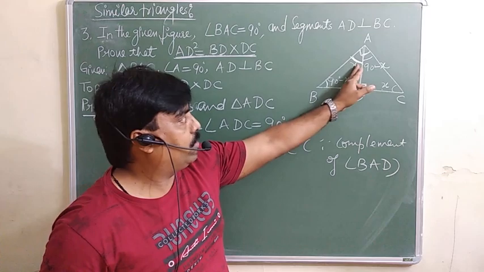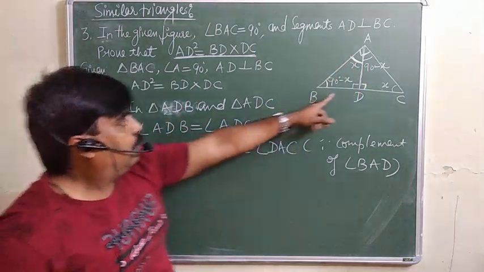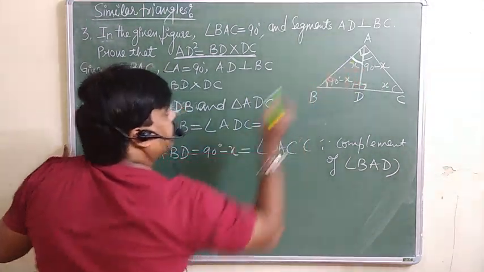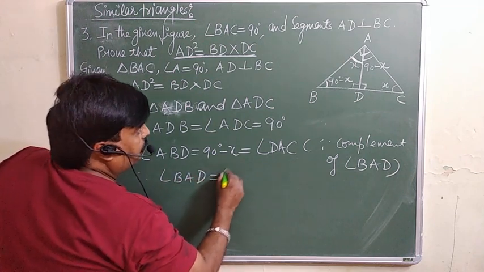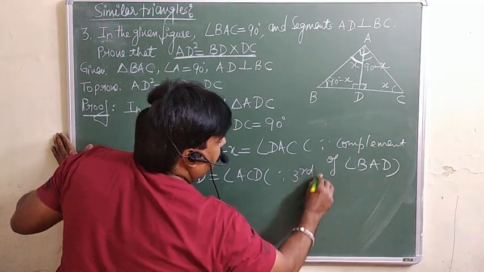So they are the complement of this angle. It means this is equal to this one. So two angles are equal. One is 90 and this is equal to this one. So the third one automatically will be equal. Therefore, angle BAD is equal to angle ACD. That is your third angle.